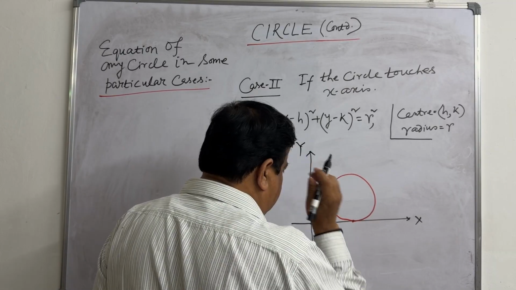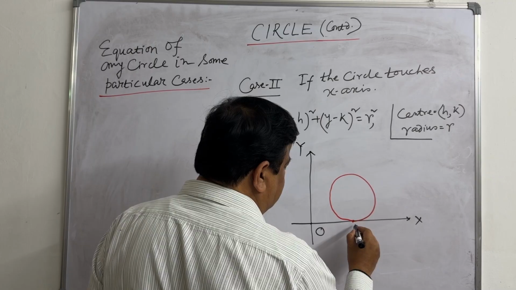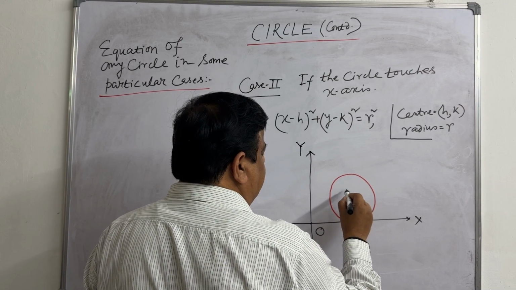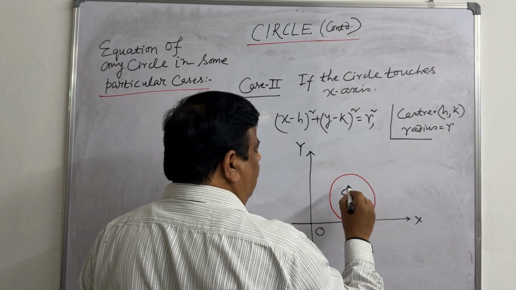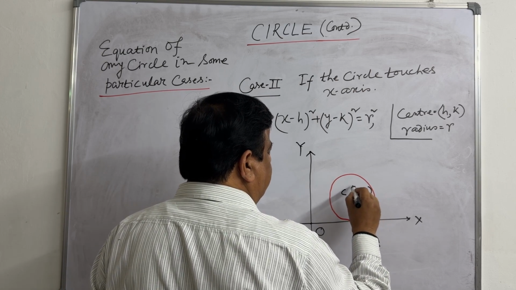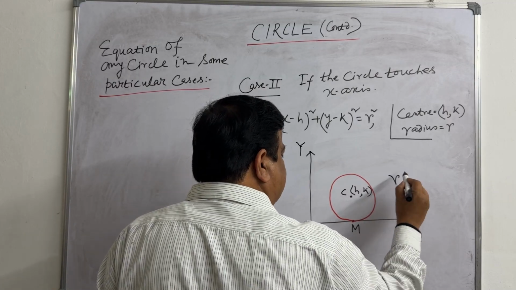Say the point where the circle touches the x-axis is M, the center is C, and its coordinate is say h, k.